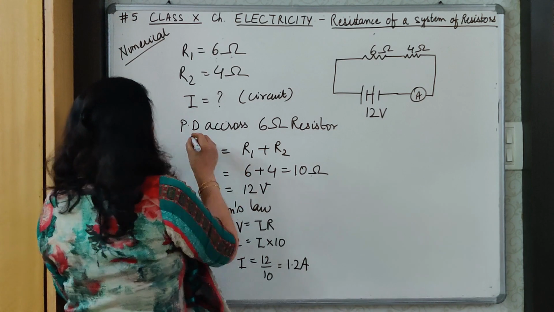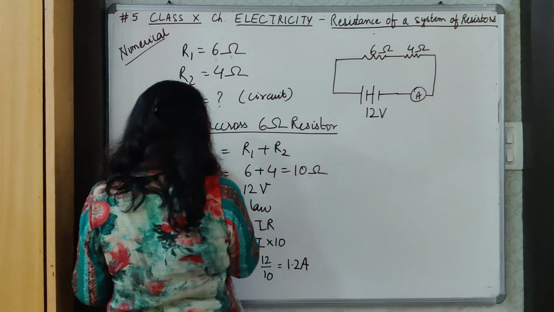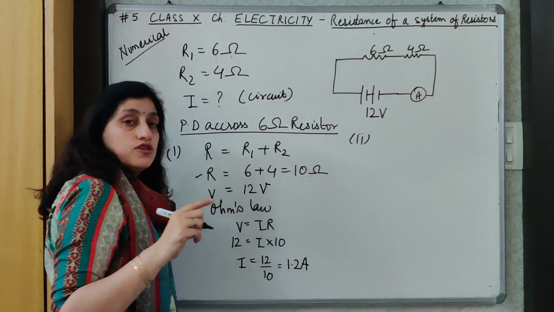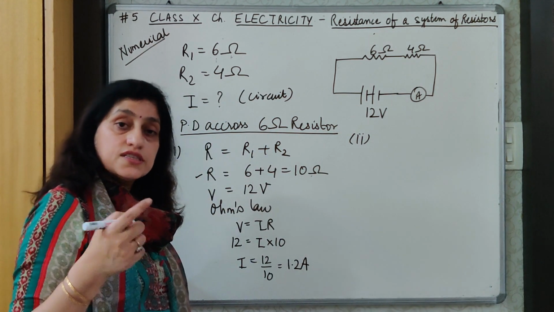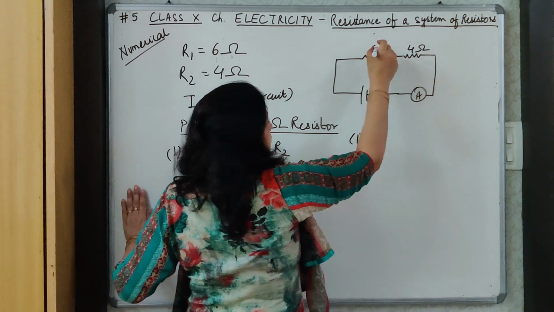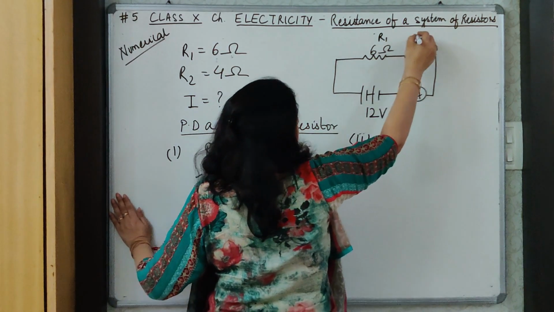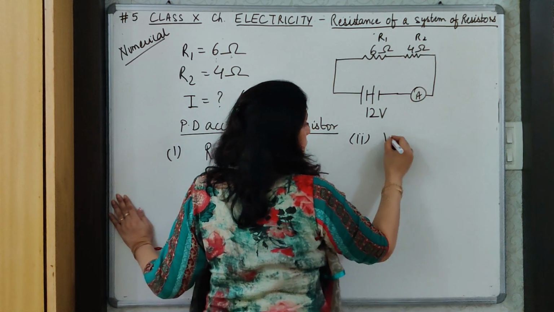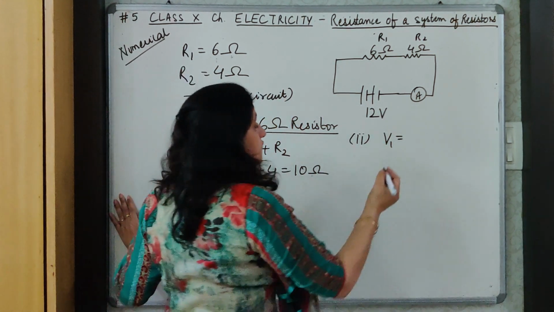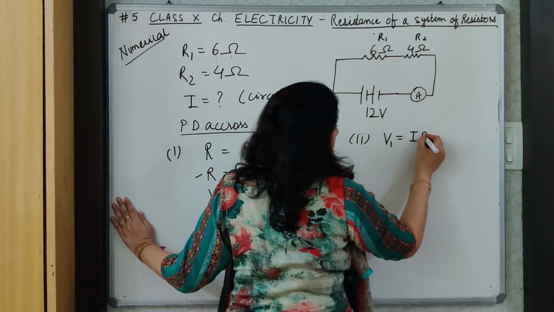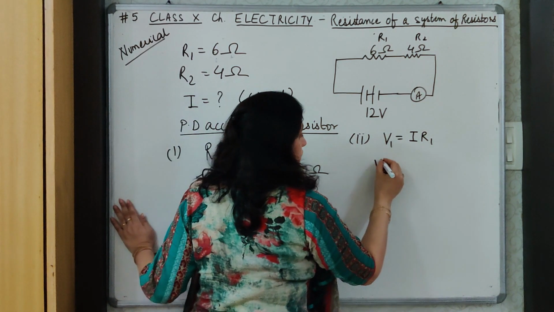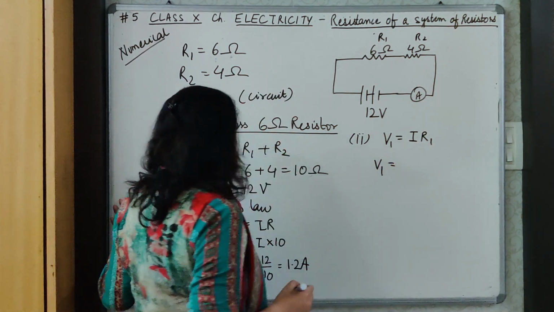But over here now they have asked the potential difference across the 6 ohm resistor. This is the second part of the numerical, and we know that in series the potential difference is different for different resistors. Now because it is asked across the 6 ohm resistor, which was R1, so I will use the formula V1. I am trying to find V1, and V1 is equal to IR1. So V1 is equal to, how much is the I?